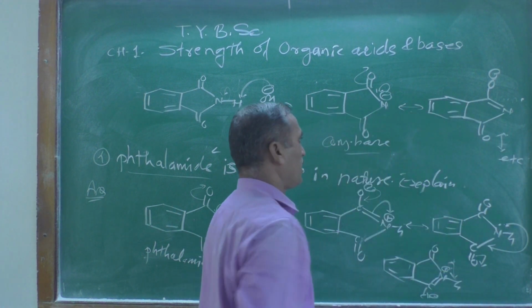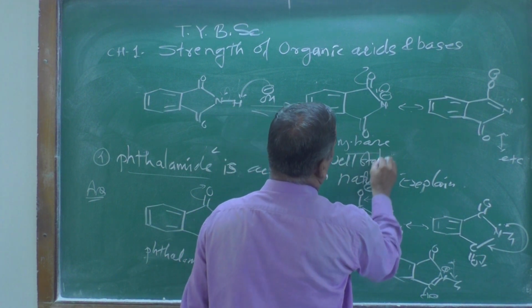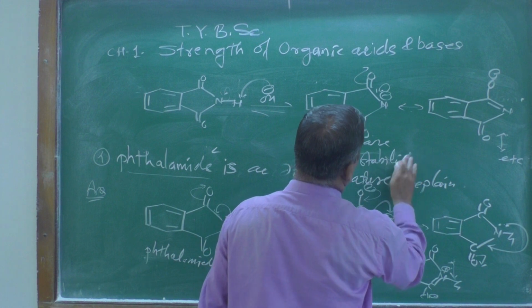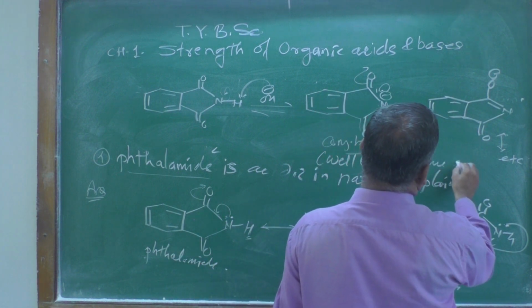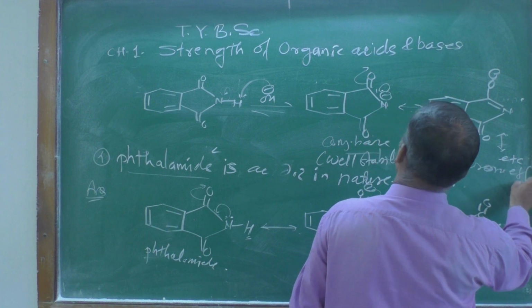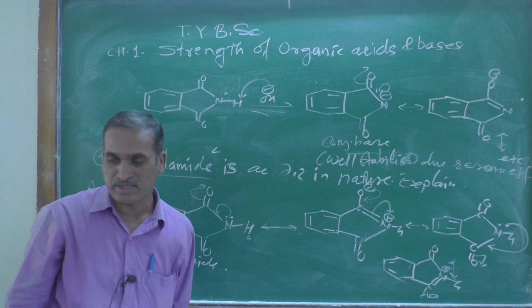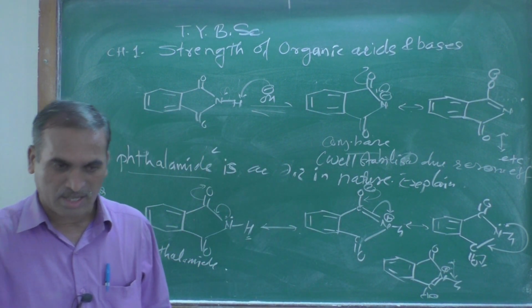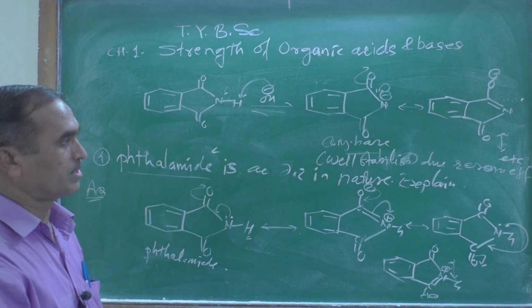This conjugate base is well stabilized due to the resonance effect, and therefore phthalimide is acidic in nature, or phthalimides are acidic in nature. This is the explanation about this.